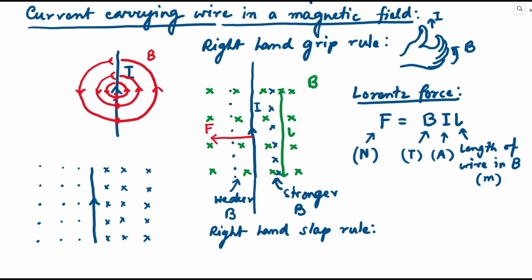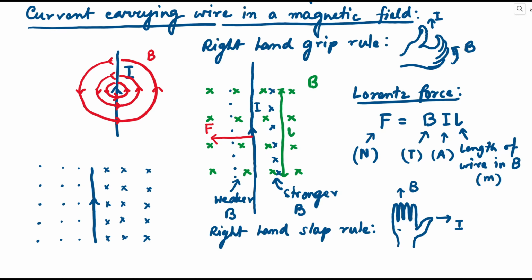Now, to apply this rule, what you need to do is you take your right hand and then point the fingers of your right hand in the direction of the magnetic field, and then point your thumb in the direction of the current. So this should be pointed in the direction of the current. The rest of the fingers should be pointing in the direction of the external magnetic field.